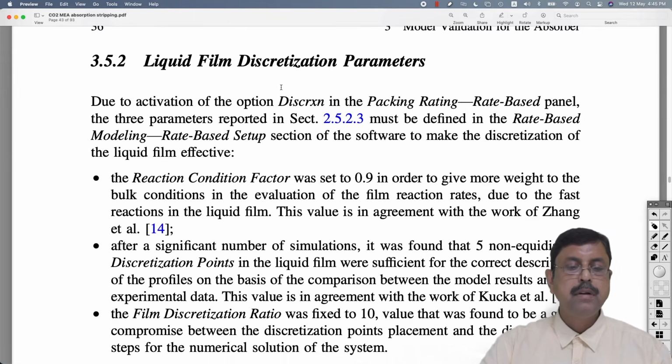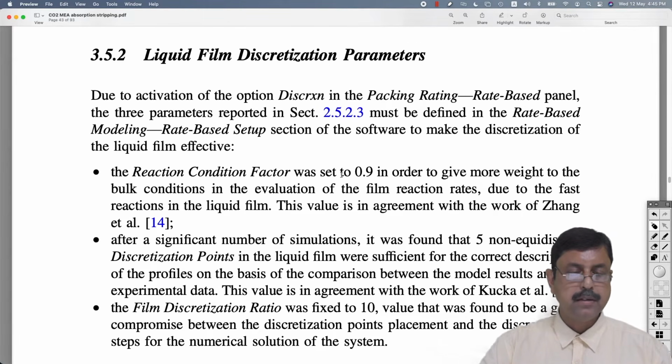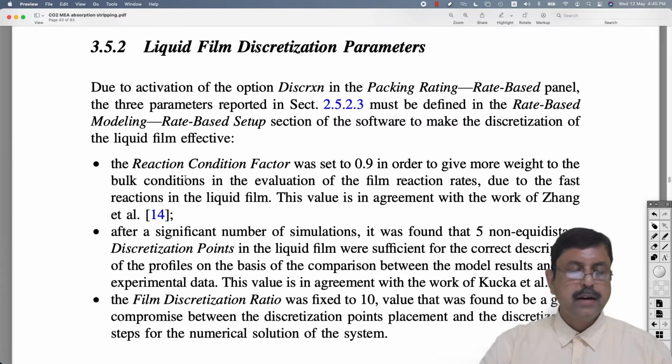Liquid film discretization parameter. So a reaction condition factor was set to 0.9 in order to give more weight to the bulk condition in the evaluation of film reaction rate due to the first reactions in the liquid film.